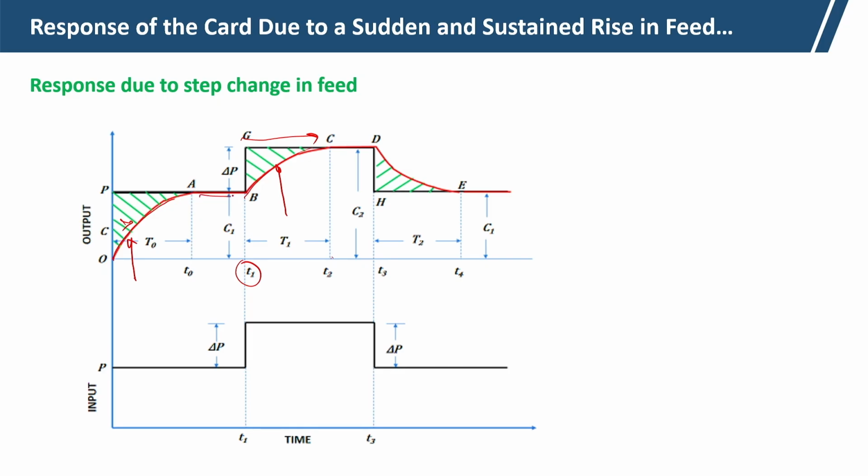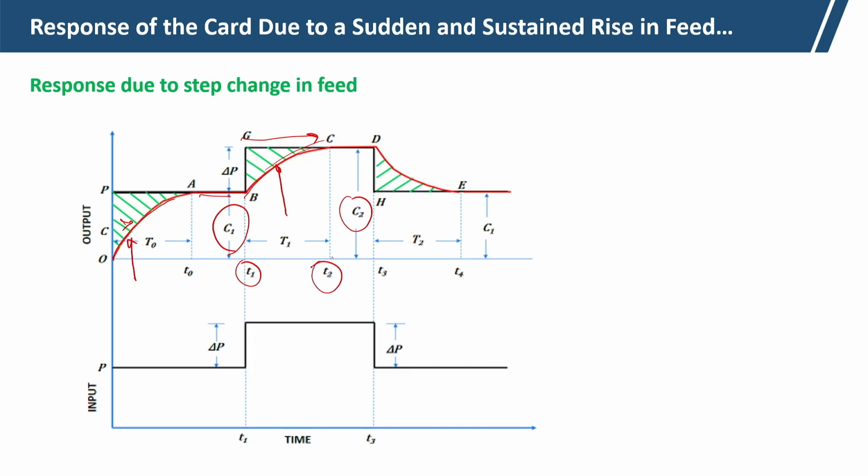At T1 we increase the feed once again, which results in a gradual increase in load, and it reaches C2. So the initial stabilization load was C1, and after a certain time it becomes the C2 stabilization load, reached at T2 time.